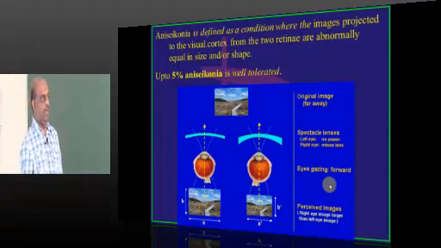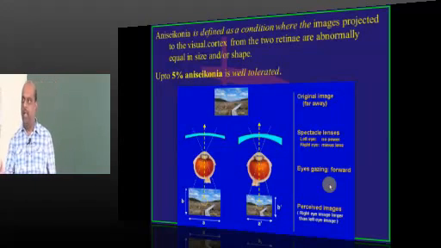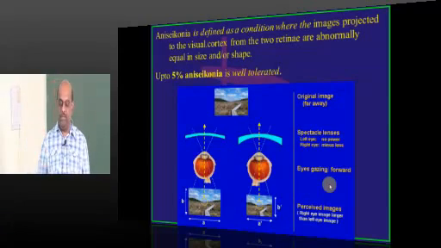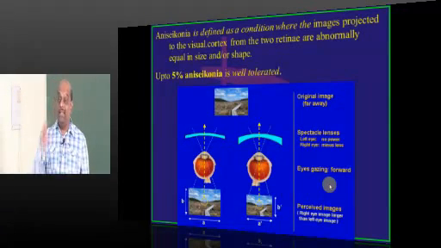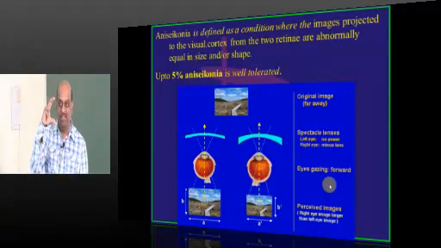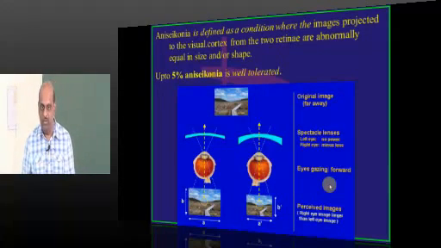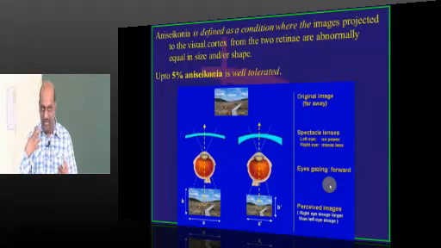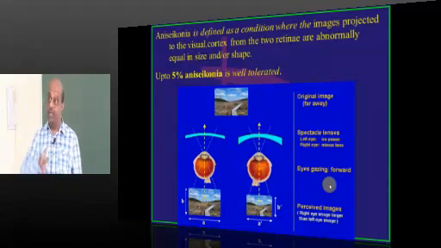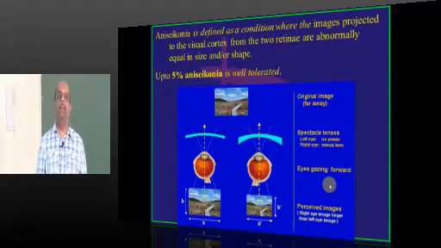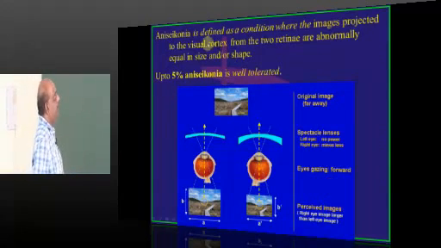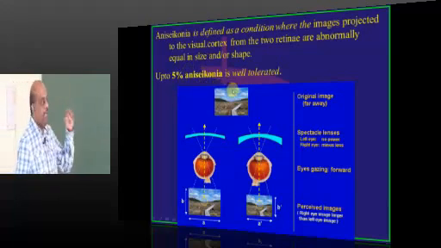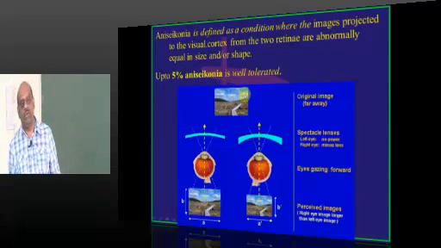Whenever we have anisometropia, that is, one eye is having either myopia or hyperopia, and the other eye is emmetropic, then the size of the retinal image which is perceived is different between the emmetropic and anisometropic eye. This discrepancy in the size of the retinal image is basically called aniseikonia, and up to 5% of difference in the size is okay.